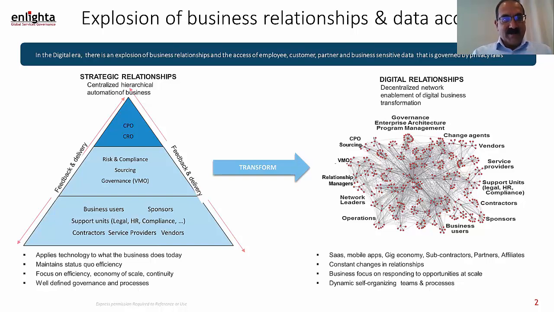There's been an absolute explosion in the number of entities that most organizations deal with.